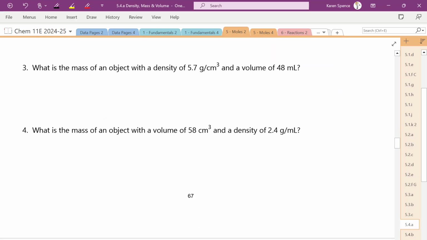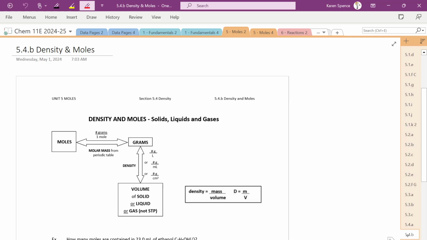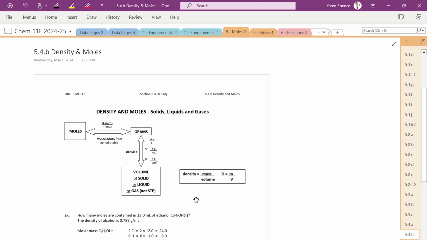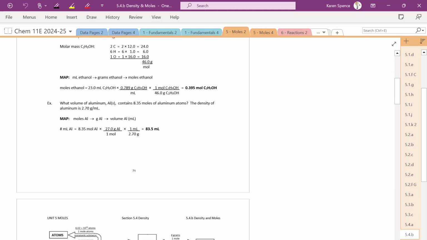Okay, so here are some questions on that. Density in moles. Page 71.